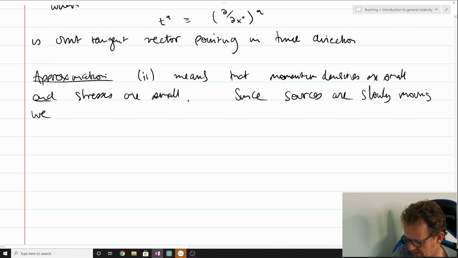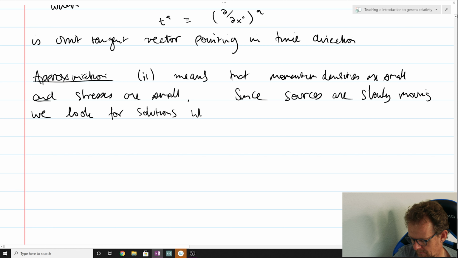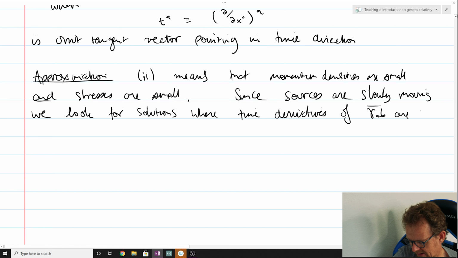what we're going to do is exploit that to look for solutions where the metric basically doesn't change. So what does that mean? That the time derivatives of gamma AB are neglected, right?